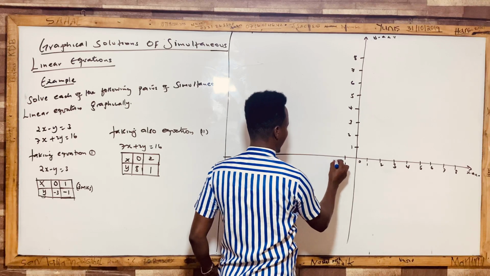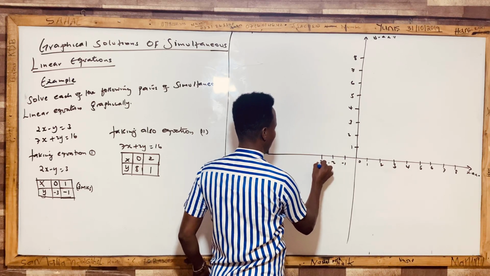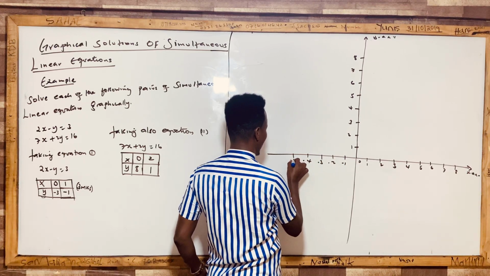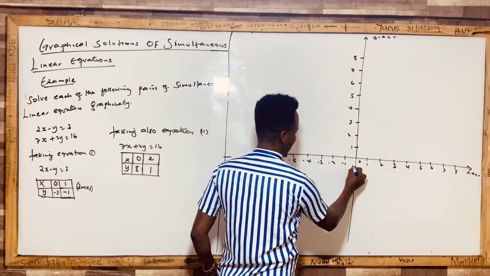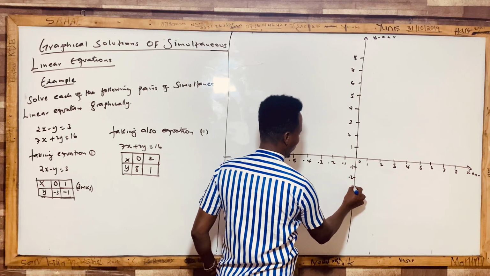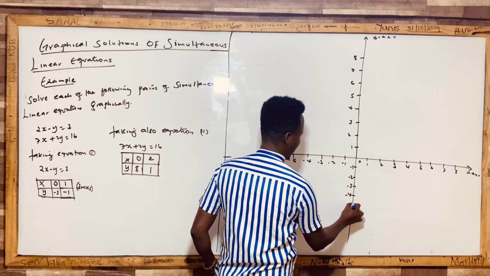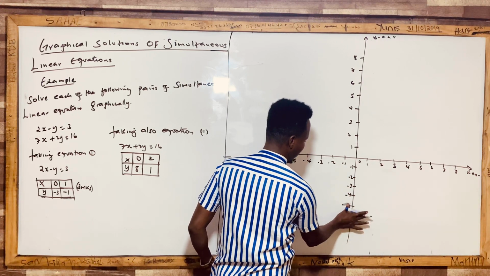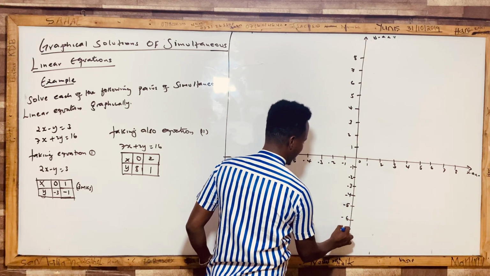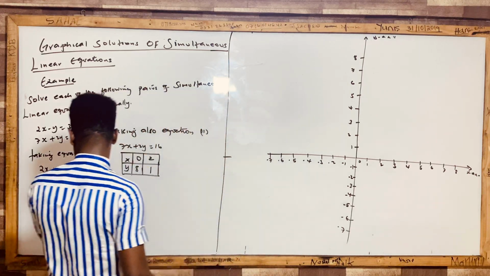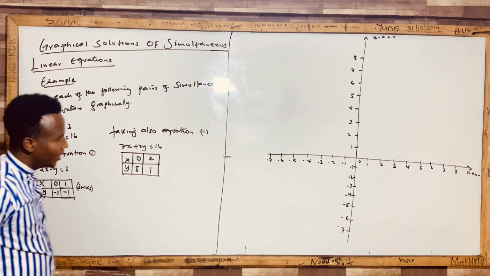Here I will have -1, -2, -3, -4, -5, -6, -7, and likewise on the other axis.